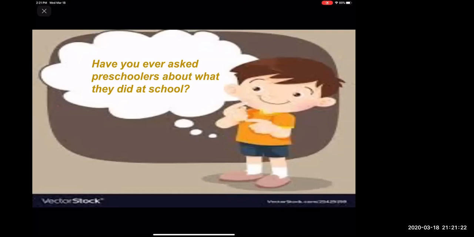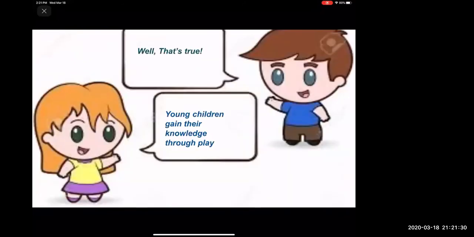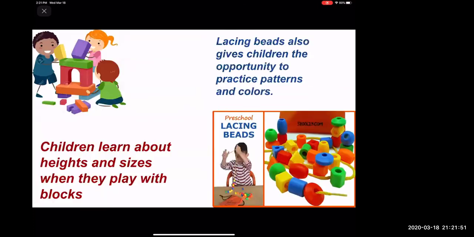So if you ask a preschooler what did you do all day, they will definitely say like they played all day, which is true. However, like through play, they learn everything, like social things, math, science. But today we're only gonna talk about math. So one thing they learn is math, as you said.